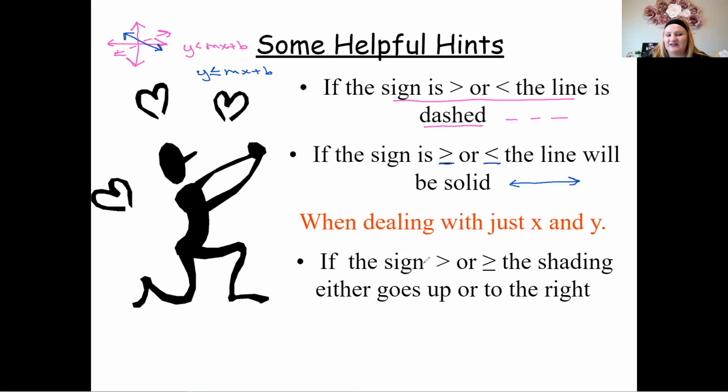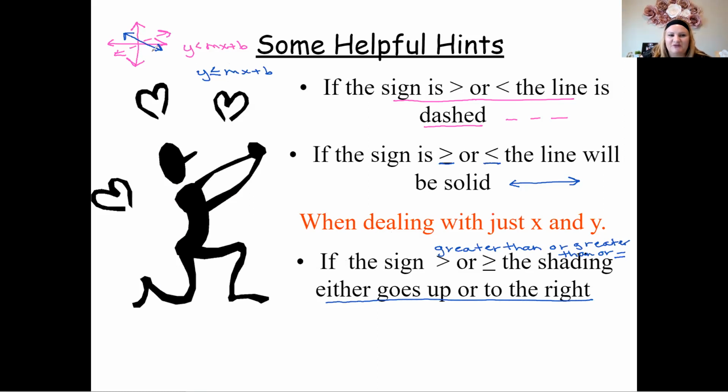So if the sign is greater than or equal to, you can write that down so you don't forget, then that means the shading goes up or to the right, because this tells us where to shade.